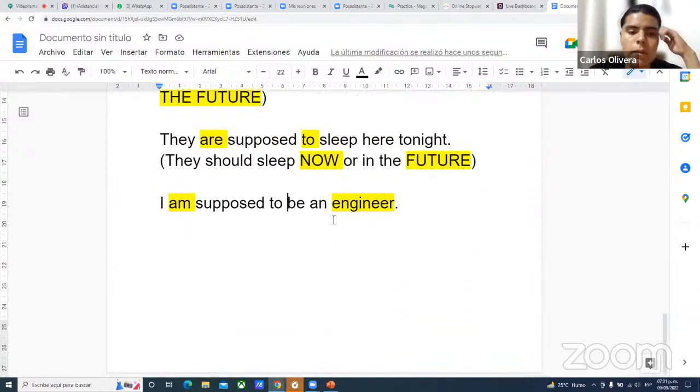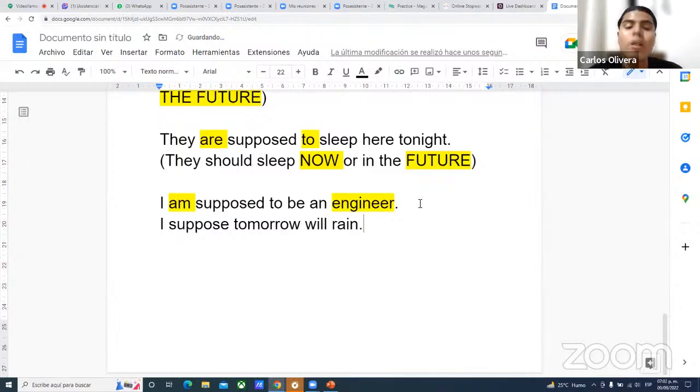When you say, for example, I suppose tomorrow will rain, this sentence doesn't mean that it should rain tomorrow. This sentence simply means that you guess. Something like, I guess tomorrow will rain. If you use it without the D, it loses that meaning of should.